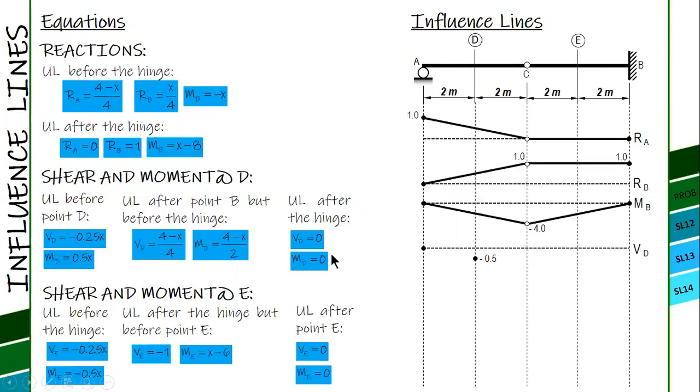When x is 2, that is positive 1 half. And when x is 4, that is 0. And then for the third, the shear is 0. So 0, 0, 0, and connect. And then a straight horizontal line. You can close it, or not.